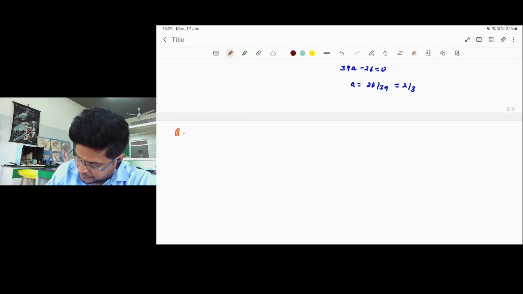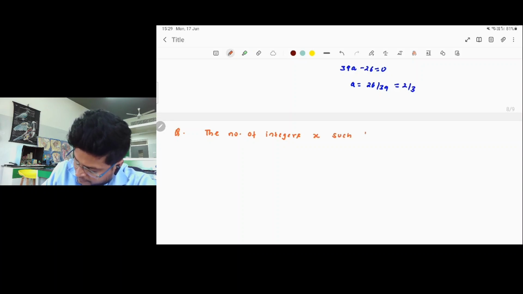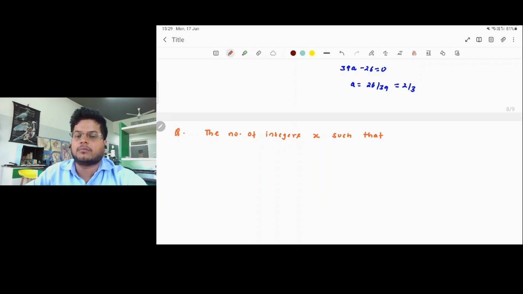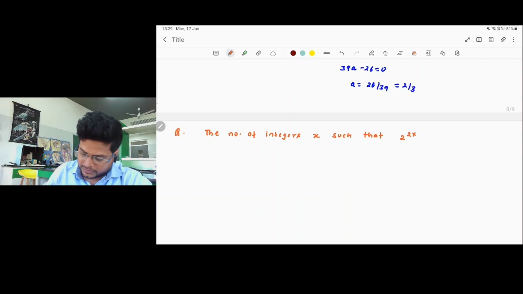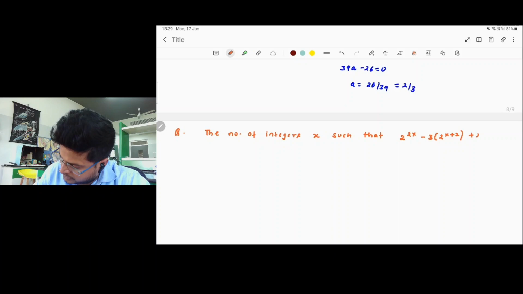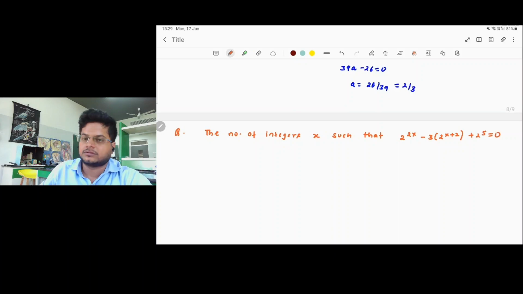Let's say the question is: the number of integers x such that 2 power 2x minus 3 times 2 power x plus 2 plus 2 power 5 equals 0.